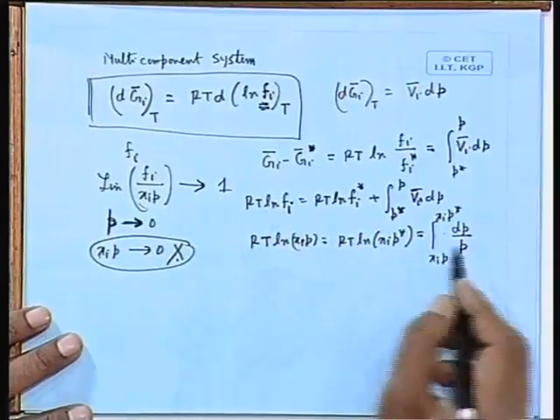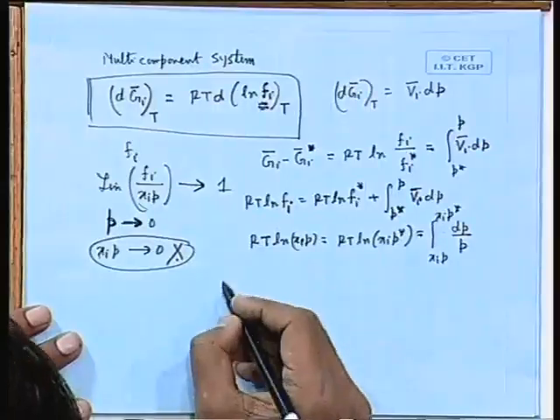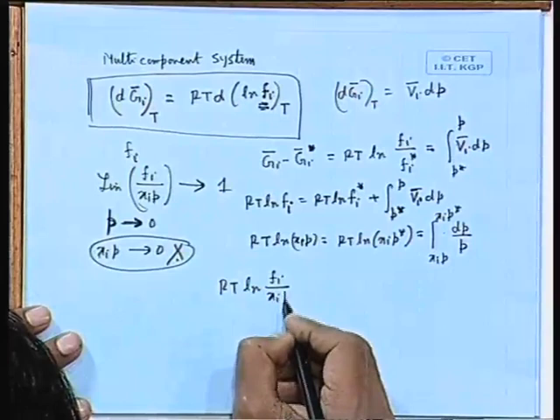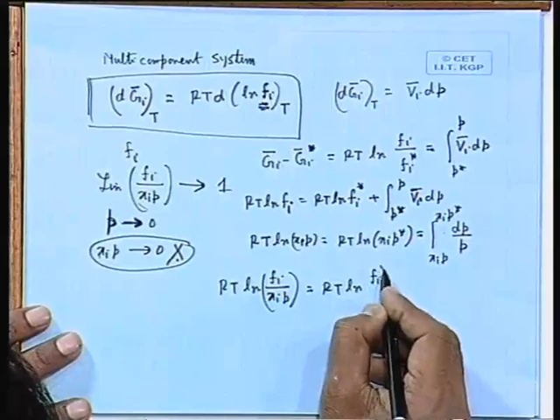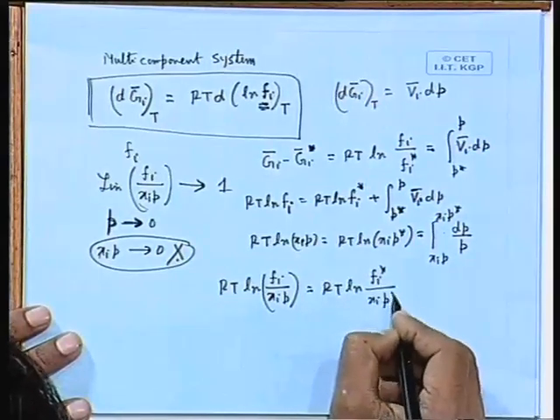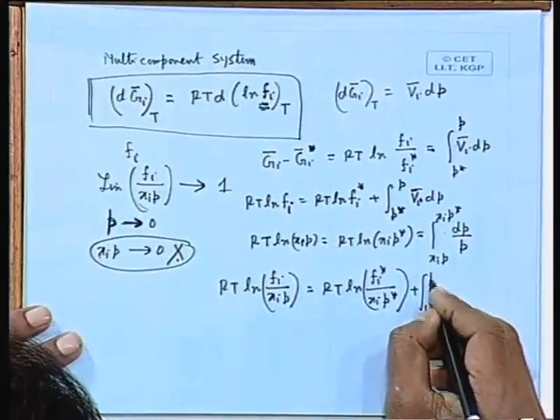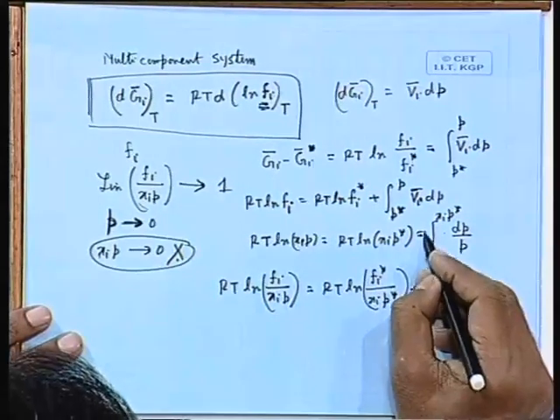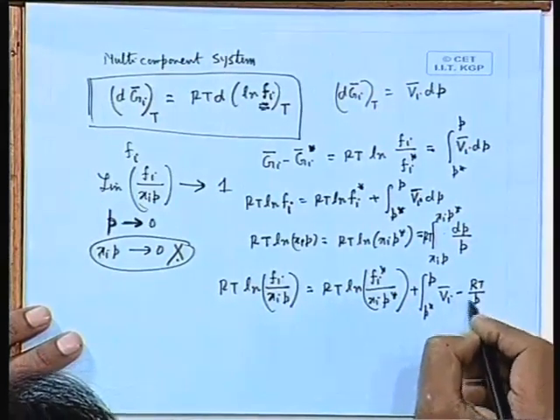In a similar way to what we did for the single component, we are doing it for the multi-component system also. Then we just subtract and we get RT ln Fi by Xi P equals RT ln Fi star by Xi P star, plus the integral from P star to P of Vi bar minus RT by P dP.